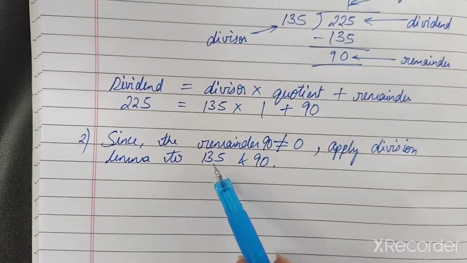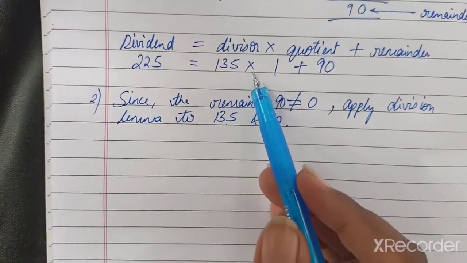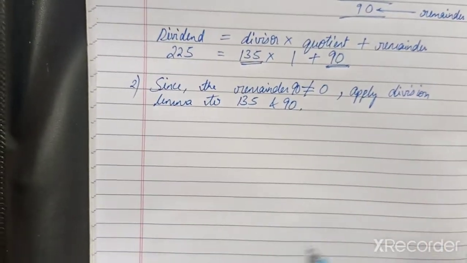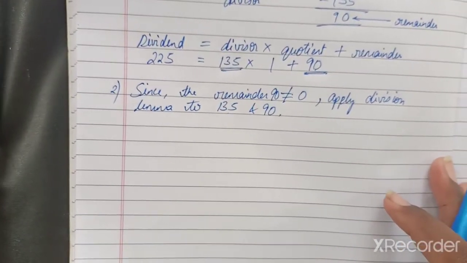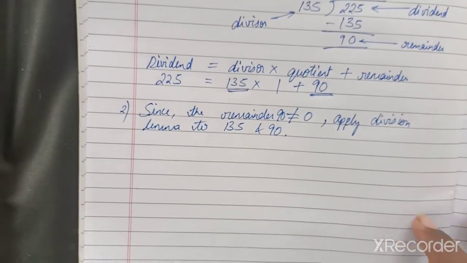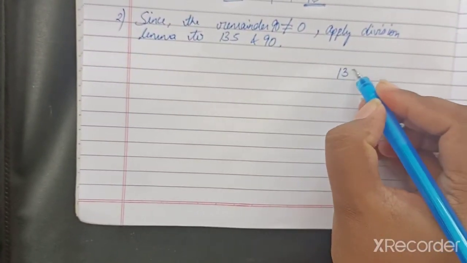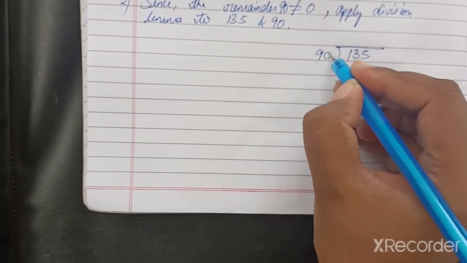From where have we taken this 135, 90? From the previous step, that is the divisor and remainder. So again we are going to take the division of this. What are we going to do? We are going to take the greater number inside and divide.